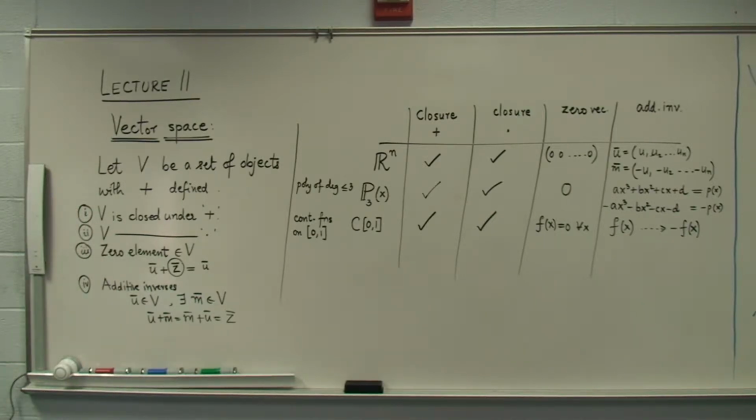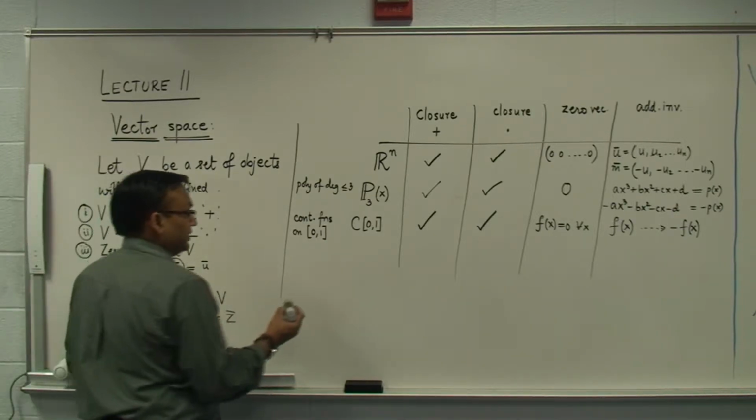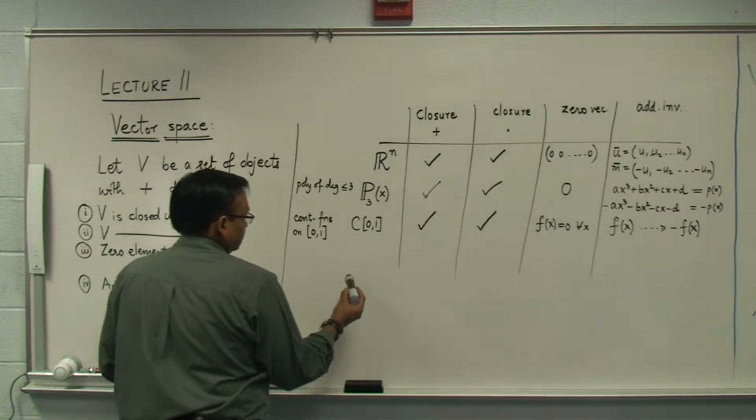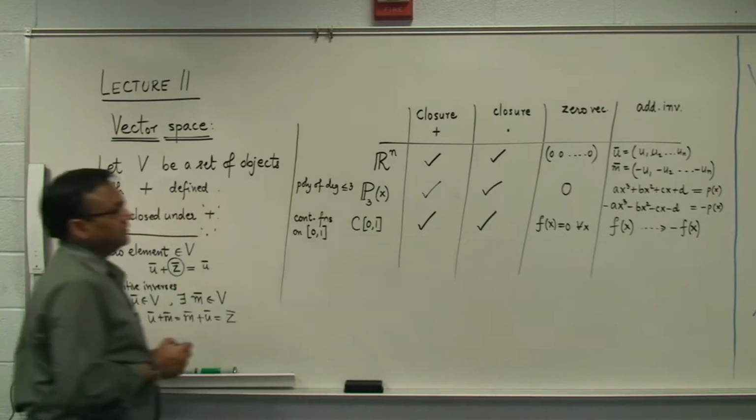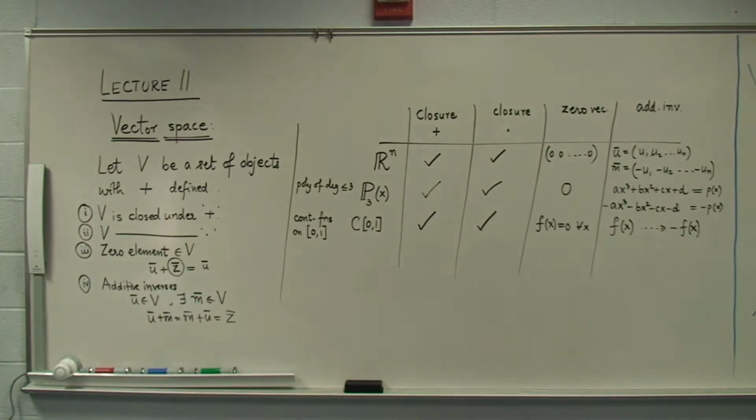By the way, these are not the only examples you can come up with. There are other examples where things are kind of different. We can come up with a weird example, although maybe that can wait. Let's not make it more complicated than necessary at this stage.